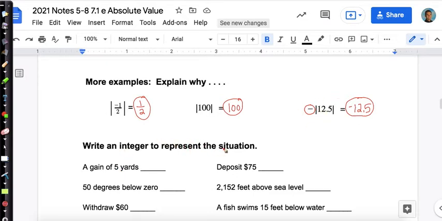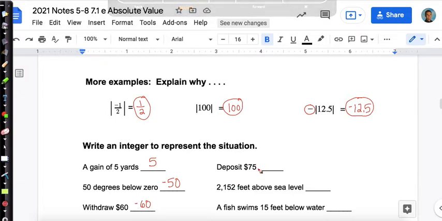Write an integer to represent the situation just like we did on the front page. So a gain of 5 yards would be positive 5. 50 degrees below 0 would be negative 50. A withdrawal of $60 would be negative 60 because you're taking $60 out of your account.